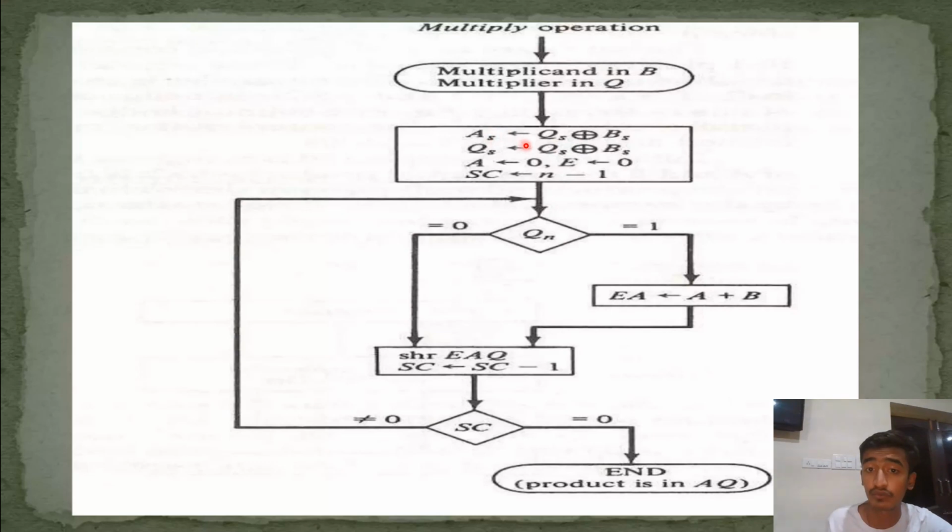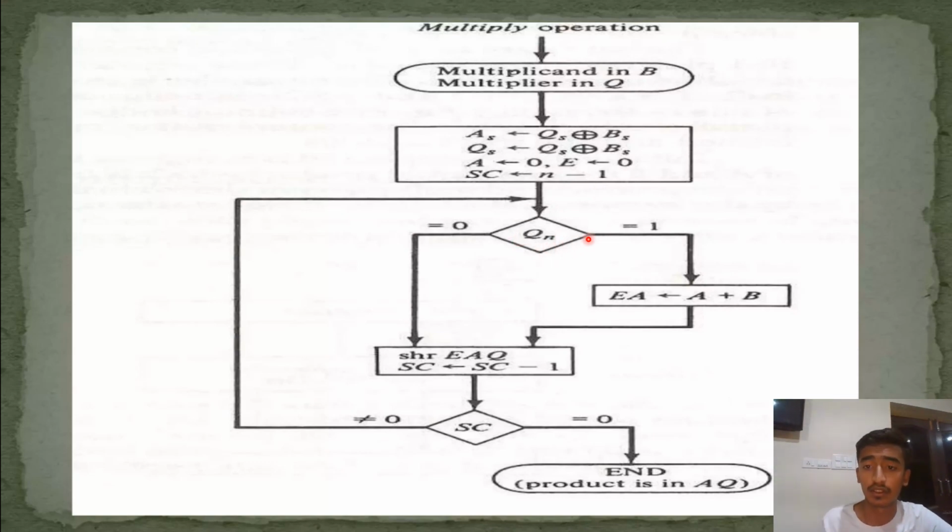The sign of AS will depend on the Q sign and B sign. Then A we will make 0, E also 0, and SC as n minus 1. We have explained that the sequence counter is decremented by 1 after every partial product.